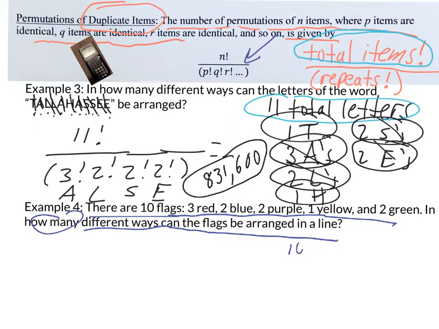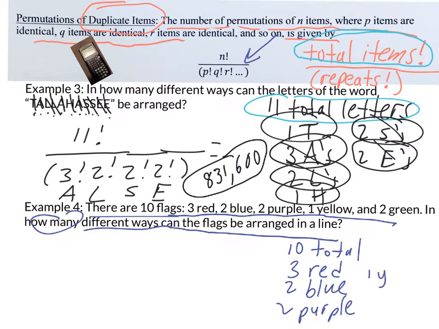So there were 10 total flags. We had 3 red, we had 2 blue, 2 purple, we had 1 yellow, let's put 1 Y for yellow, and we had 2 green. So the total number of items you're rearranging goes on the top of the fraction bar.